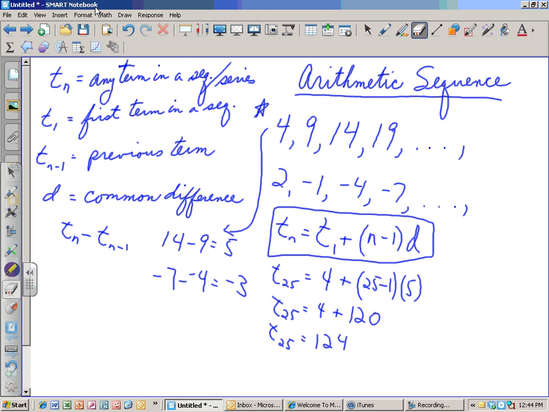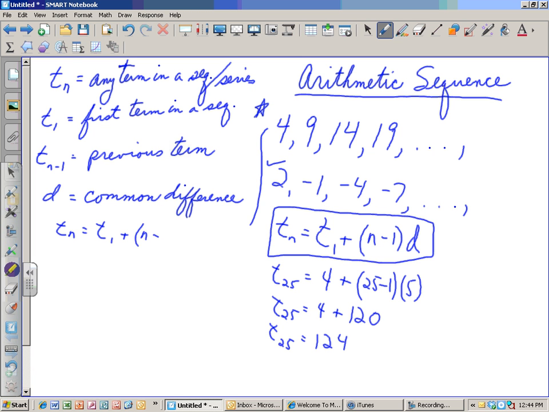So let's do that. Let's take that second sequence, and let's find the 25th term of that sequence. We're using our formula, T n equals T1 plus n minus 1 times d, on the second sequence.